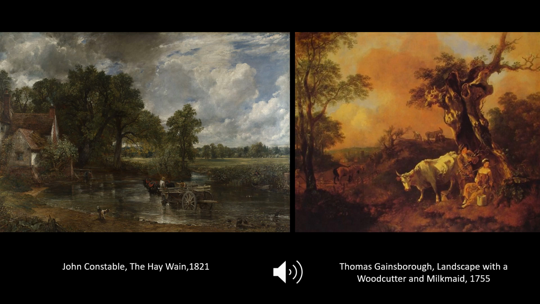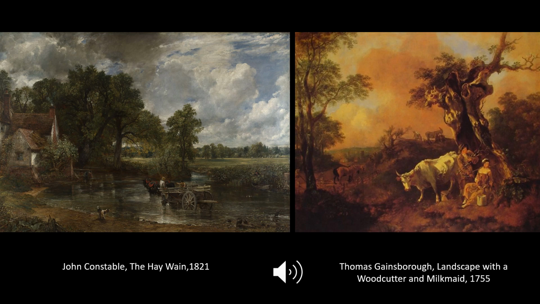This moment, right, when Gainsborough makes this painting in 1755, aristocratic wealth was still largely concentrated in land ownership. And so these landowners would have really taken to this nostalgic and sentimental vision of rural life, right? A kind of vision that prioritized emotion and nostalgia over reason.